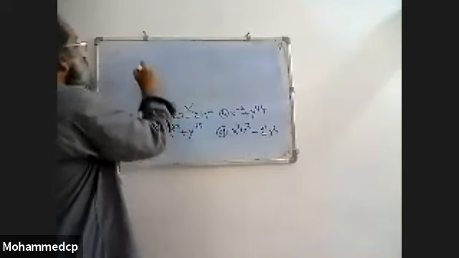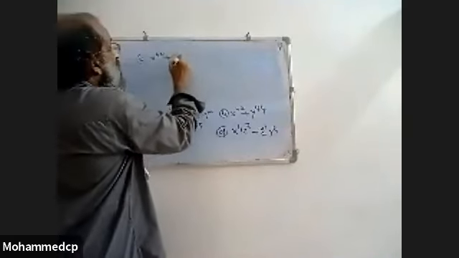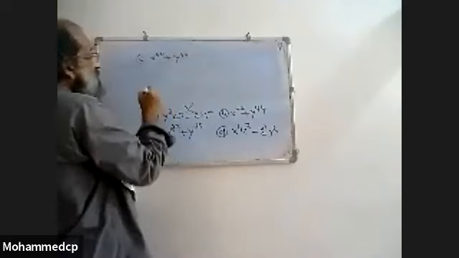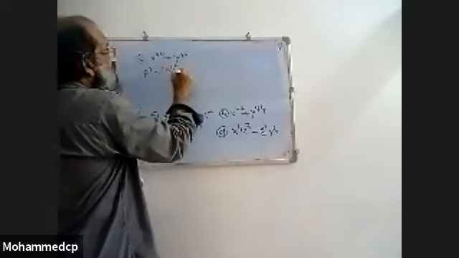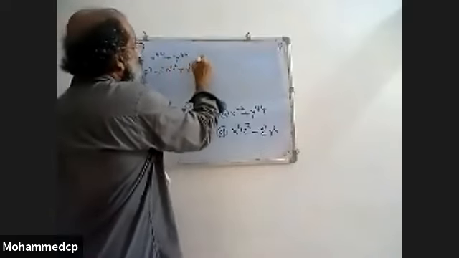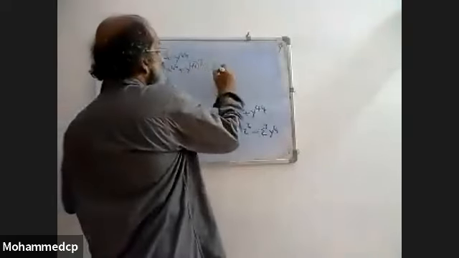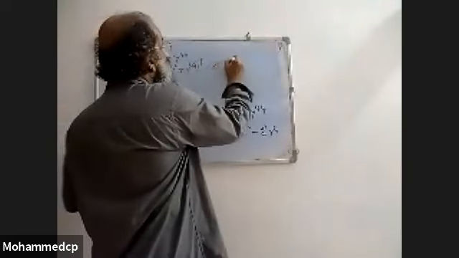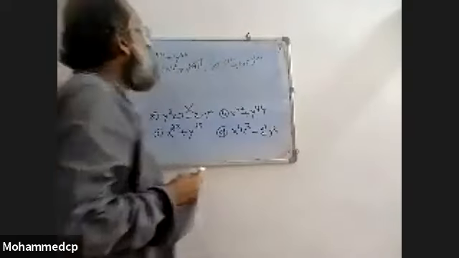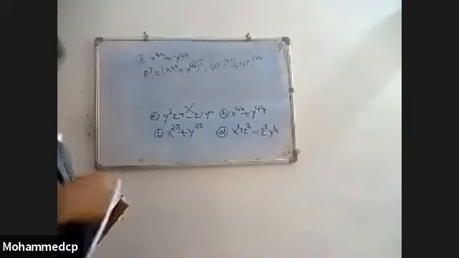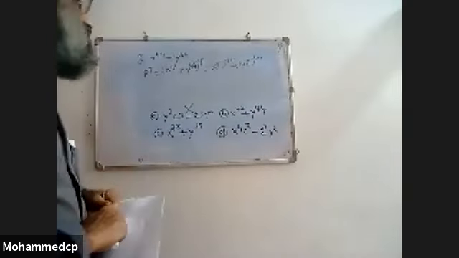Option B, P equals X raised to 44 plus Y raised to 44. We take P transpose, which is X raised to 44 plus Y raised to 44 transpose, equal to X transpose raised to 44 plus Y transpose raised to 44. And remember that A plus B transpose is A transpose plus B transpose.